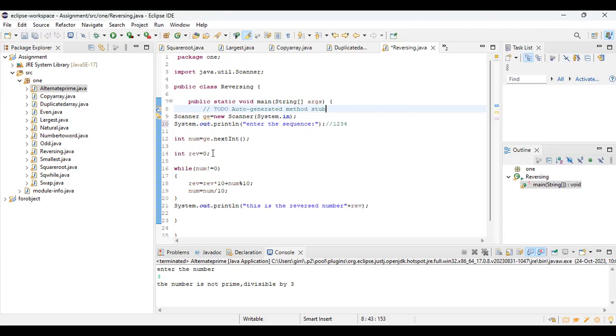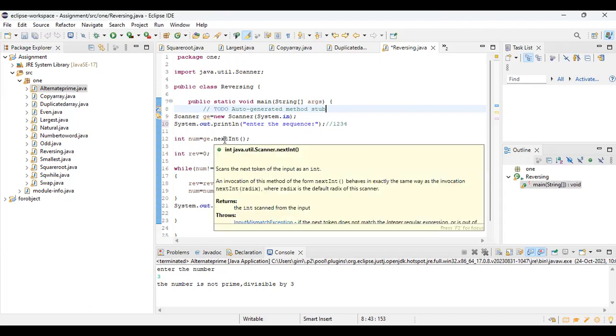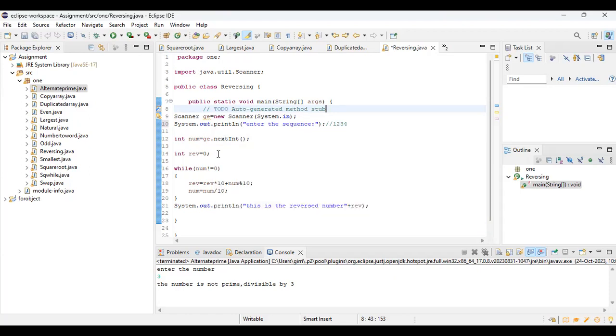So now I'm initializing the reversed value as 0 here. And for this num value, if I give 1, 2, 3, 4, there are about 4 values, and it has to repeat until it has covered all the values.